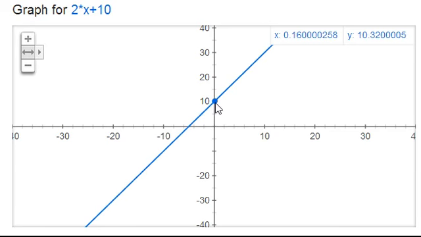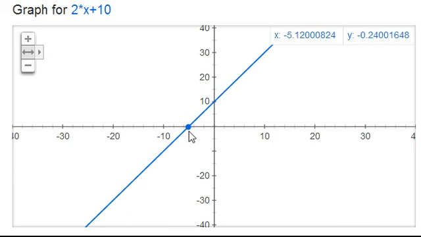Where this graph is crossing right here, this ordered pair is known as the y-intercept point. So that would be 0, 10, and this is known as the x-intercept. The y-intercept is 10, and the x-intercept is, what is that, -5 it looks like.